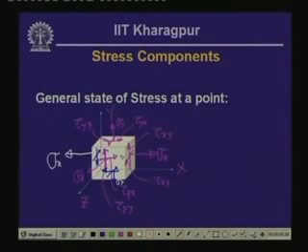Likewise, on the other side of the z plane, we will have the normal stress acting, which is sigma z, and on the z plane in the x direction we have tau z x, and in the z plane we have tau z y. So, these are the stress components that will be acting on this particular body at a point.